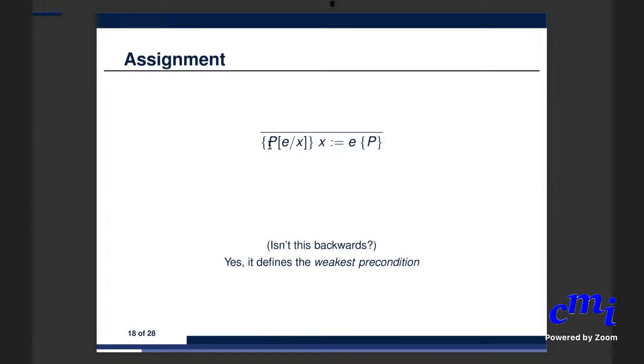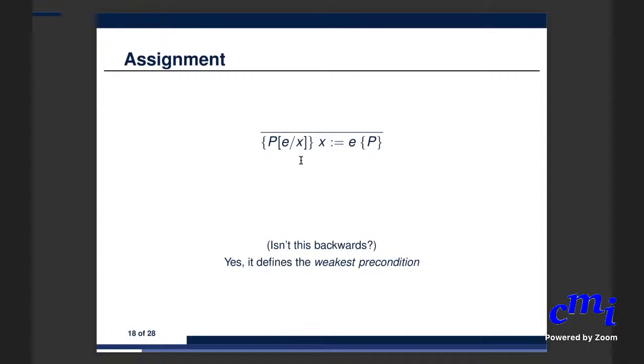So this notation P, this one says that in P, which is a formula which can have X, every instance of X has to be replaced by E. This is a substitution operation inside the formula that I'm defining. Every instance of X in P has to be replaced by E, where E is the expression.